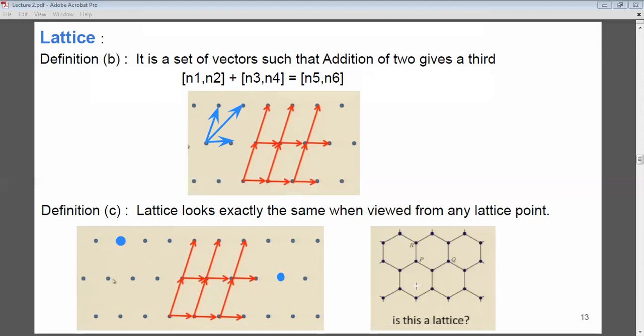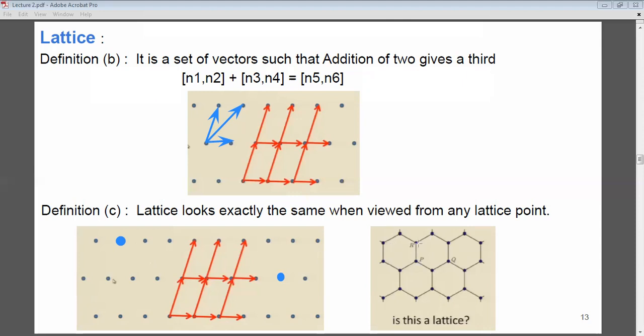Let's look at this structure over here, and let's see if it is a lattice. In particular, let's look at the 2 points R and P. We will see that R has these 2 points, whereas P doesn't have these 2 points.